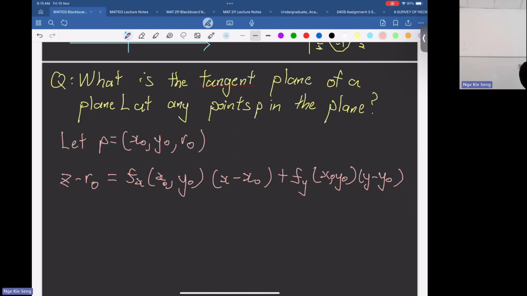So what am I trying to get here? Well, let's look at an example. For this kind of question, you should have an example of a plane first. Can you give a plane? Okay, let's start with a plane. Draw a plane. Let's start with a plane.